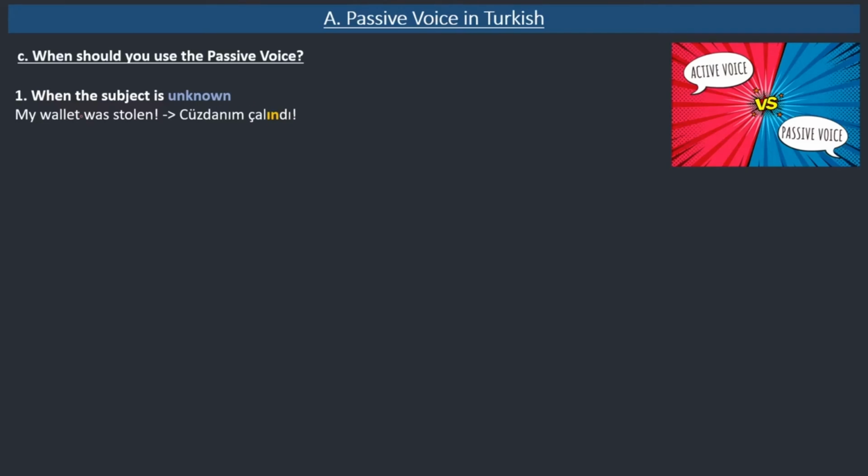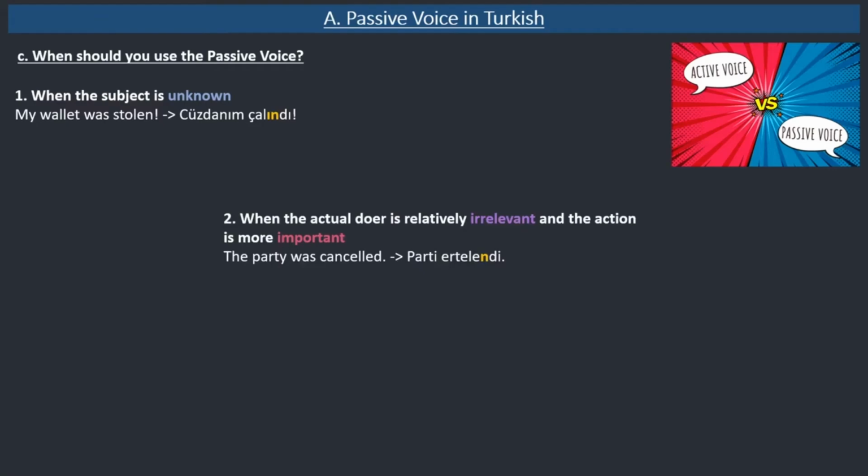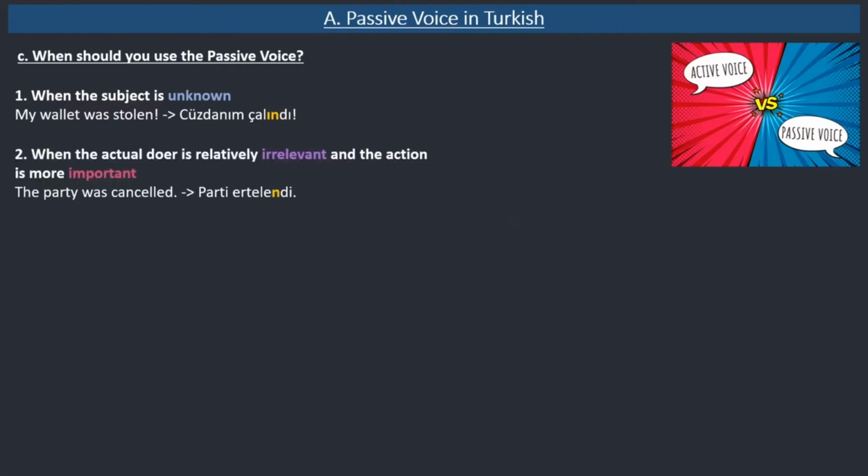Now the wallet does the action, or you can think of it in a figurative way. There's no subject, the wallet is doing the action. Yeah, the focus is on the object. Or again, a similar idea, but it's more like this. It's irrelevant.